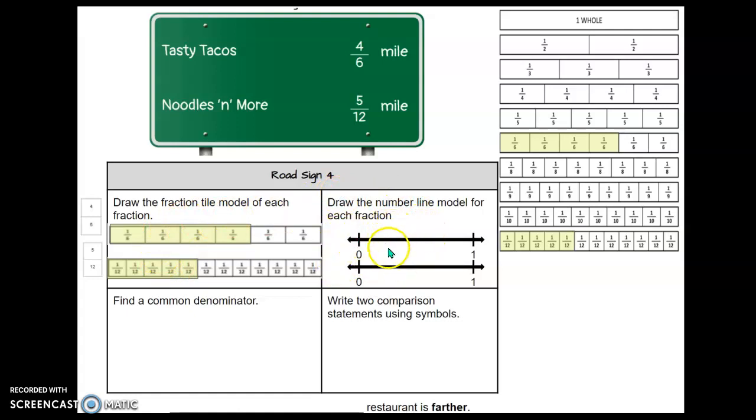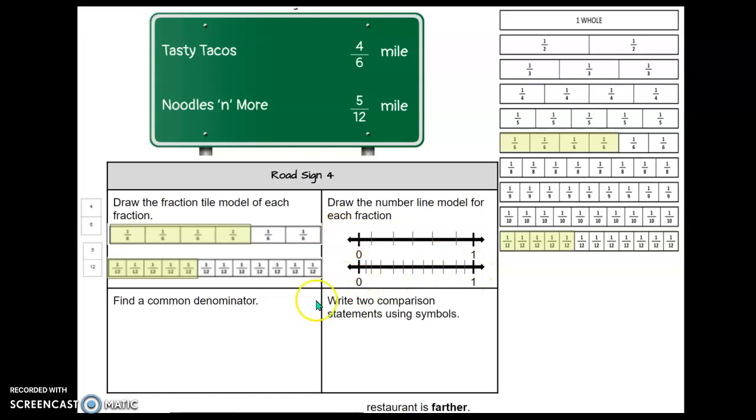So I'm going to come to my number line and I'm going to divide my first number line into 6 equal parts. So I have 1 part, 2 parts, 3 parts, 4 parts, 5 parts, 6 parts. And I'm going to do the same thing for my 12ths: 1 part, 2 parts, 3 parts, 4 parts, 5 parts, 6 parts, 7 parts, 8 parts, 9 parts, 10 parts, 11 parts, 12 parts.